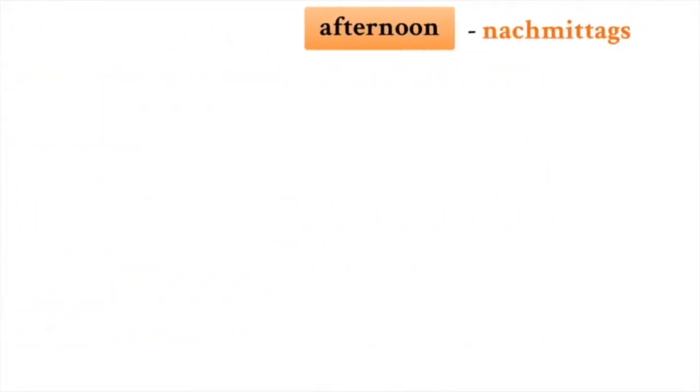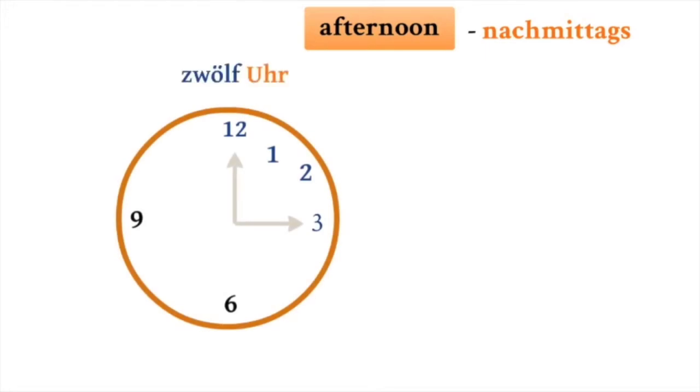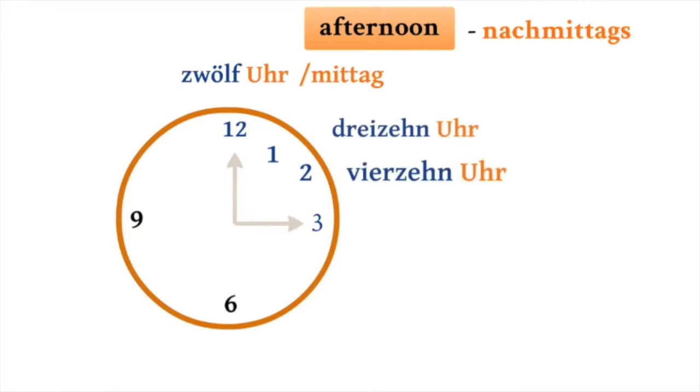Then we will continue with in the afternoon, nachmittags. Here we have the time 12 Uhr, which can be translated as 12 o'clock. For 12 o'clock, you can simply say Mittag, which can be translated as noon. For 1 o'clock, we have 13 Uhr. 2 o'clock, 14 Uhr. And 3 o'clock, 15 Uhr.